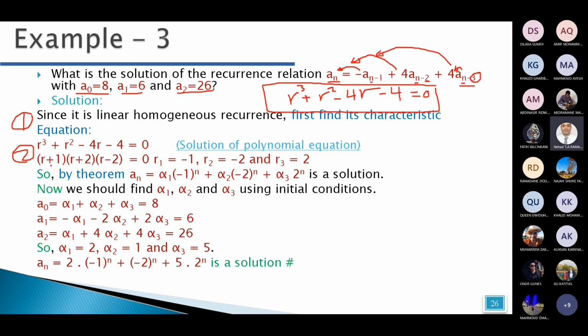The idea is like this. I will convert it to an equation without power, like for example, r plus 1 multiplied by a quadratic equation, something like r power 2 with something. So this one, you can solve as a quadratic equation and so on.